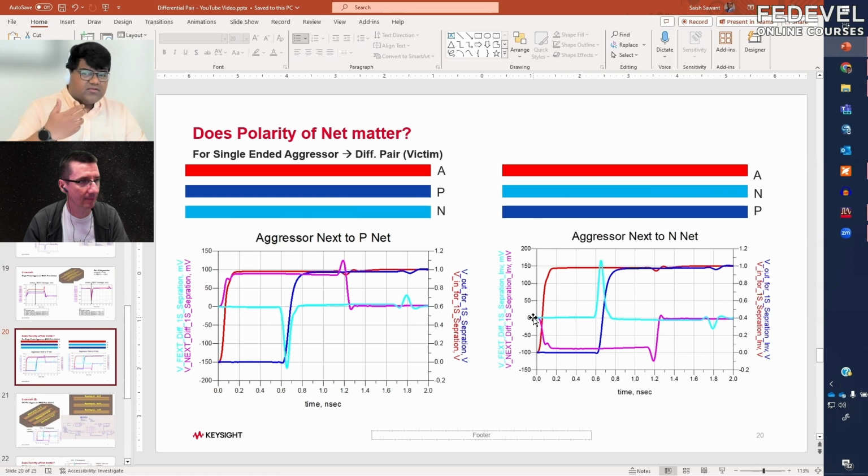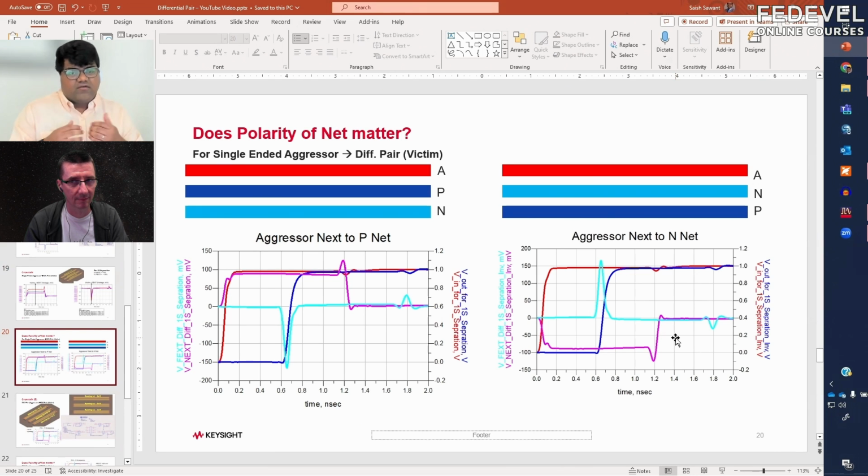And the pink curve here is the near end crosstalk, and even that is inverted. So we realized that the polarity does have an impact, but we need to understand what's happening here, and how to build intuition further on this.